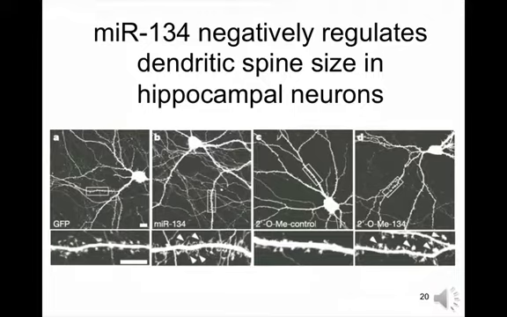The panel C does not show the increased spine sizes that are seen in panel D, suggesting that changes are from the sequence of MIR134. So we learned all that just from looking at the pictures that they've shown you.